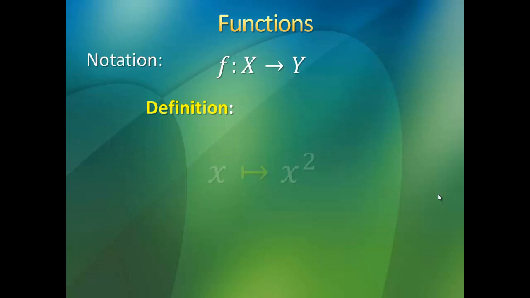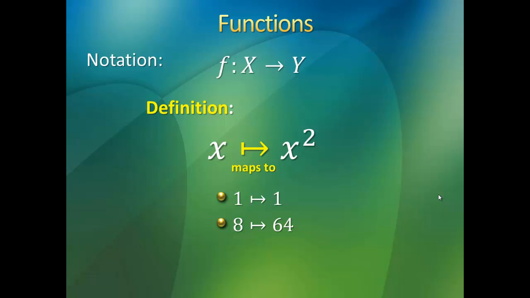So our second option is to let x be an arbitrary member of our domain and show how to find its corresponding member of the codomain. We can place a modified arrow with a vertical bar between them, which is usually read as "maps to." So for example, this function definition might be read as x maps to x squared. By this definition, 1 would map to 1 squared, which would of course be 1. 8 would map to 8 squared, which would be 64, and so on.